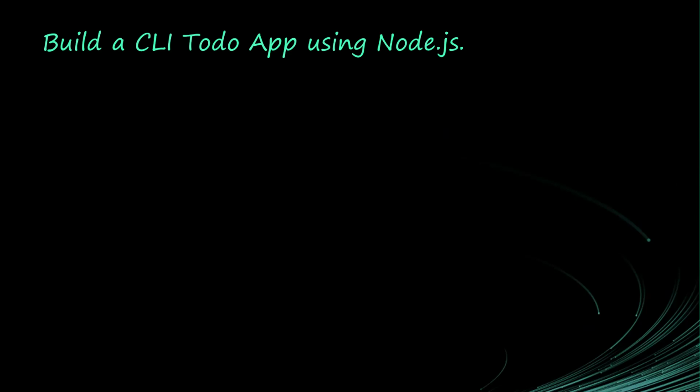When you say node, you enter into the node mode and you start working with JavaScript in Node. So Node itself is an application, and it is a command line application.